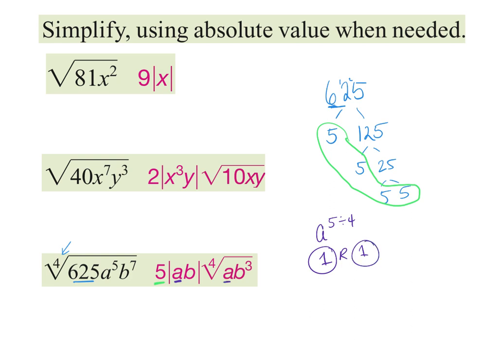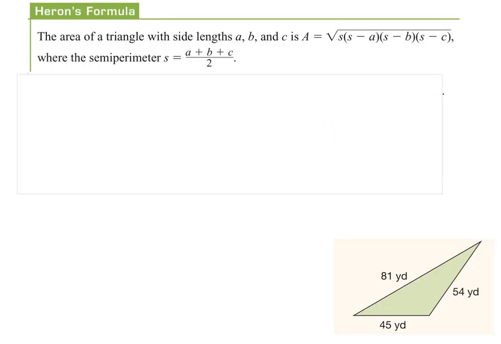And then I'm going to do the same thing with my b's. I have b to the 7 divided by 4. That is 1 with the remainder of 3. So I have 1 b that stays out. That's where that comes from. 3 b's stay in. That's where that comes from. Because it was an even root 4, and I had variables with an odd power, those both had to be in absolute values.